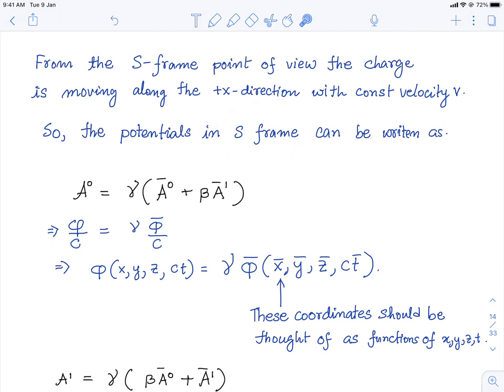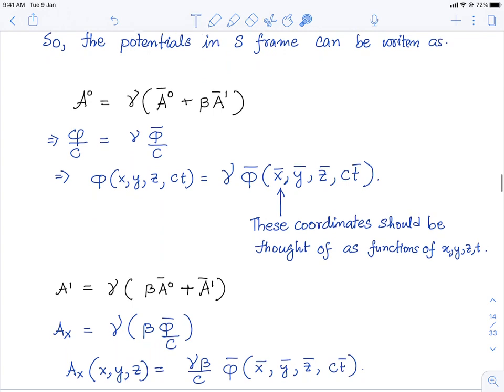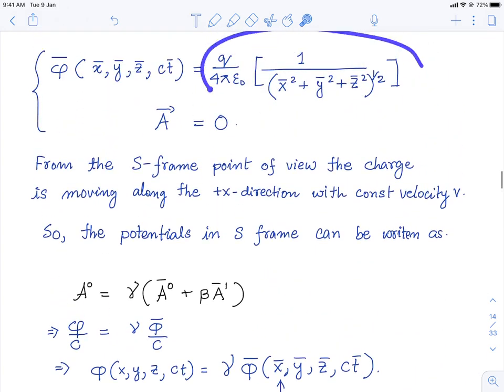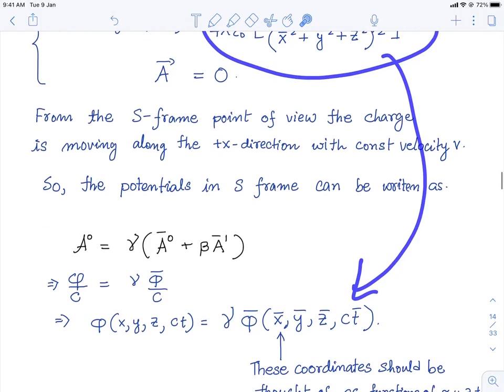So the scalar potential is given by gamma times the potential in the primed frame. This is the potential in the unprimed frame. So this is very clear. This is gamma times the potential here. This is immediately obvious, and I can just take the previous formula and plug it in here to get the answer.